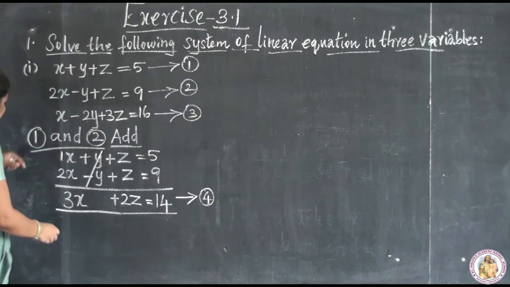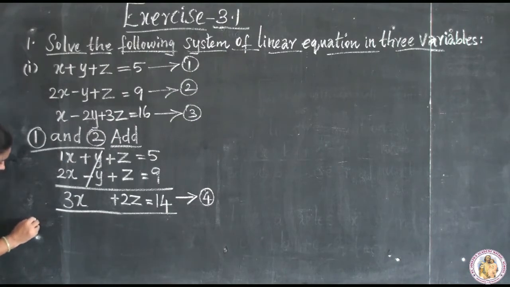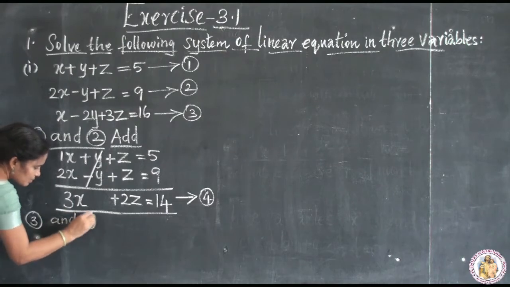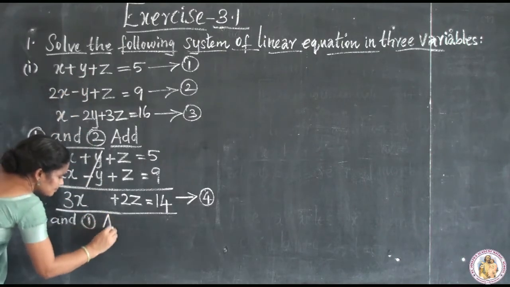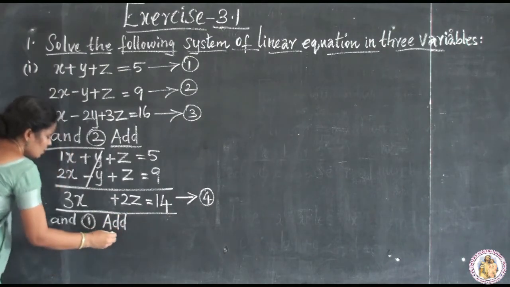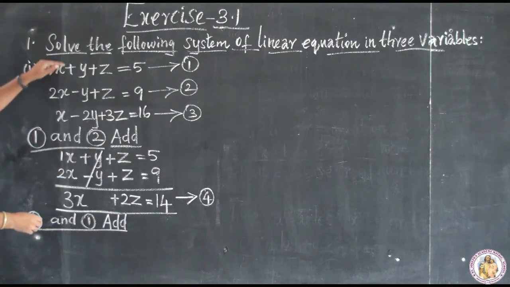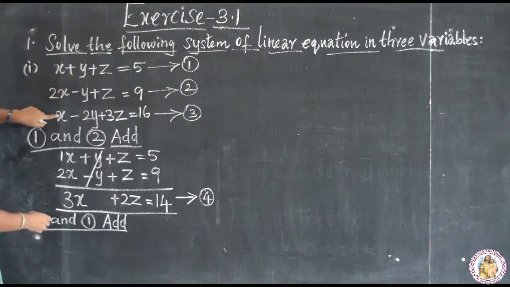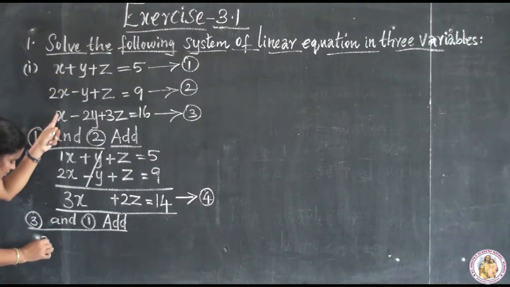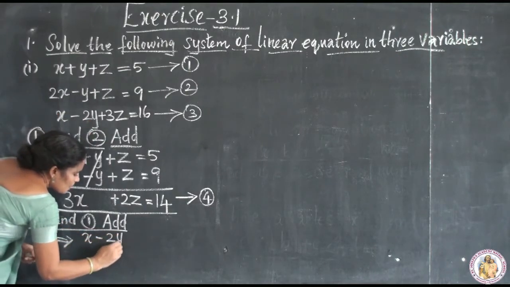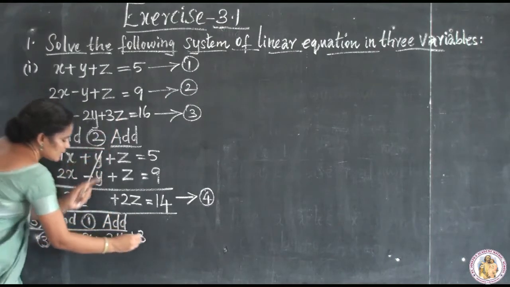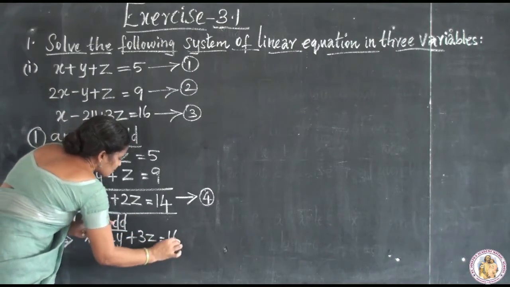To convert this, first write the third. We are selecting the third and first equation, and what we are going to do is add. So write the third equation: x minus 2y plus 3z is equal to 16.